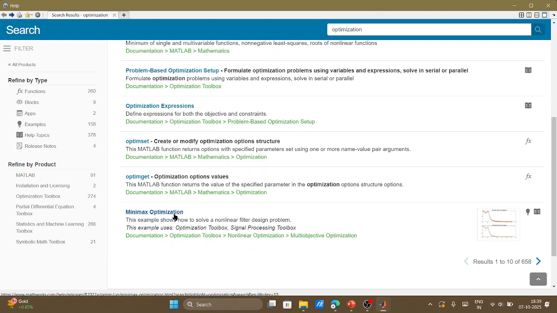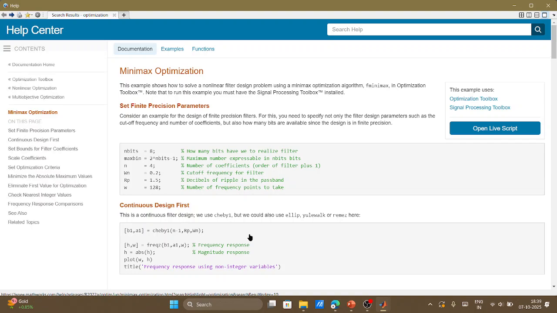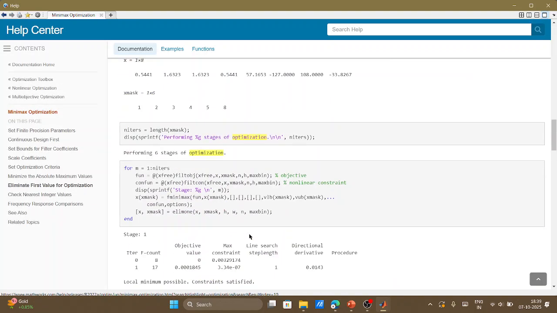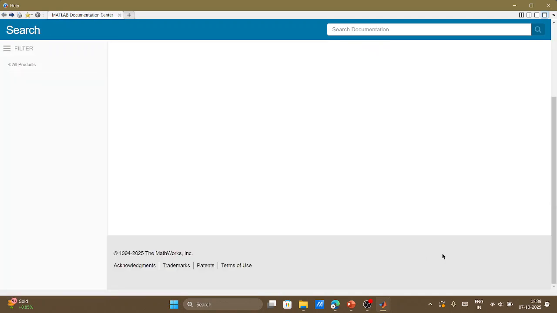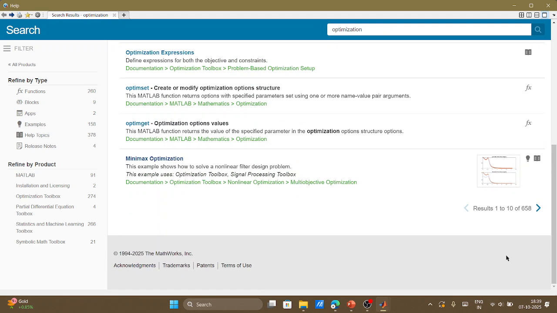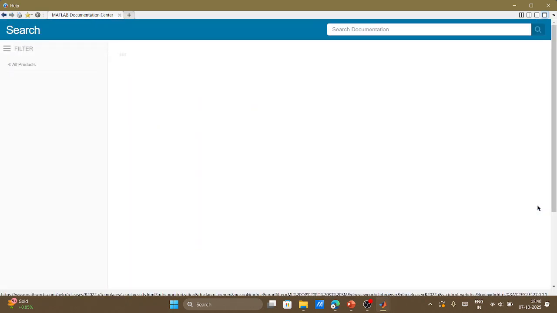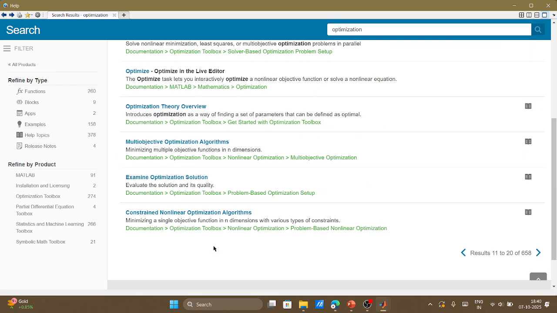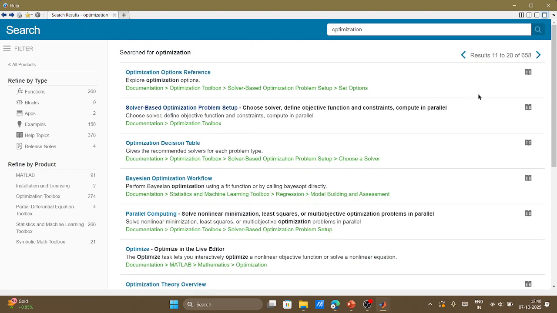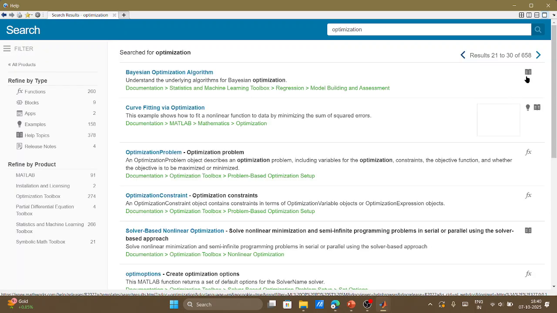Apart from that, let's see what other things we can find about the optimization here. We have optimset, minimax optimization. This focuses on the solver part more. Let me search minimum.